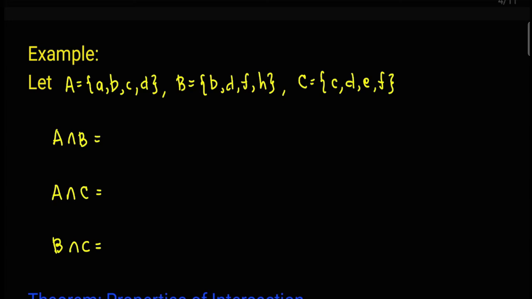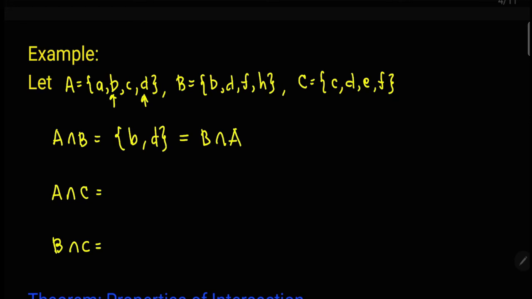The elements of A are A, B, C, D. The elements of B are B, D, F, H. So the common elements are B and D. So we have A intersection B equals B and D. Of course, it can easily be shown that this is the same as B intersection A.